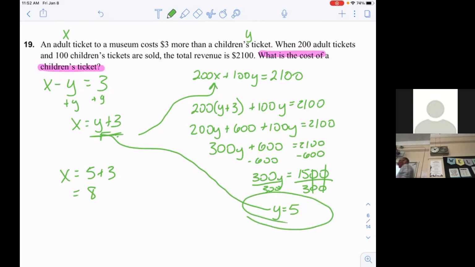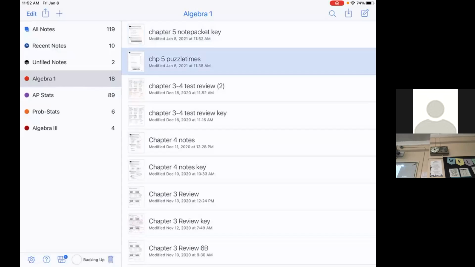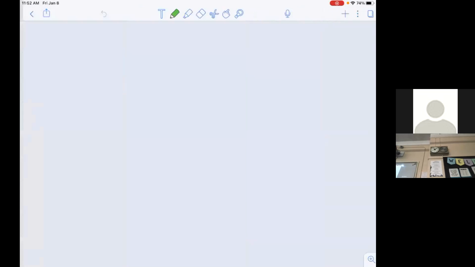Okay. Let's look at your first puzzle time. So unfortunately, the puzzle time page 1, yes, we can do half our work there, and then you're supposed to show your work on that graph paper.